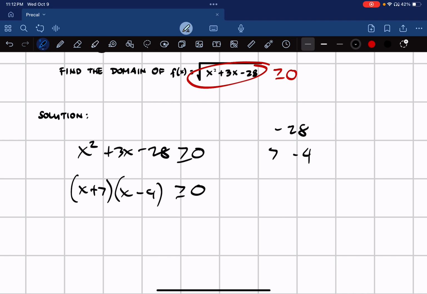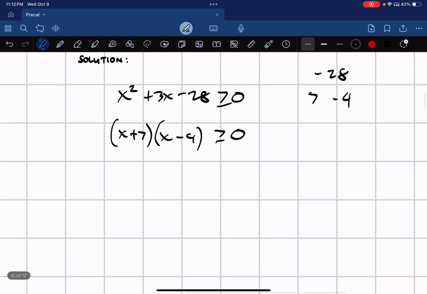Now, we set each factor to 0. It's either any of these that makes it 0. So, x plus 7 equals 0, and x minus 4 equals 0.